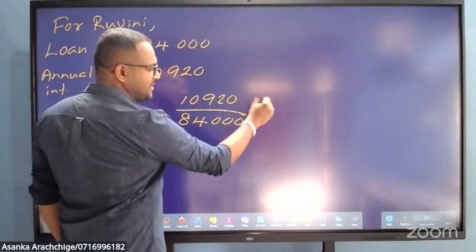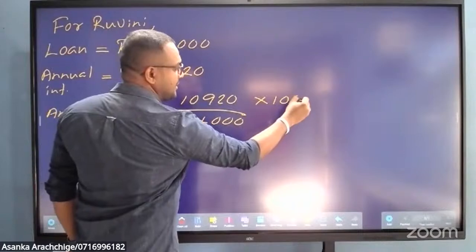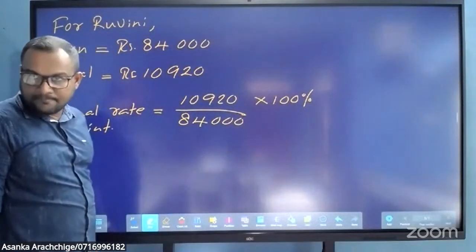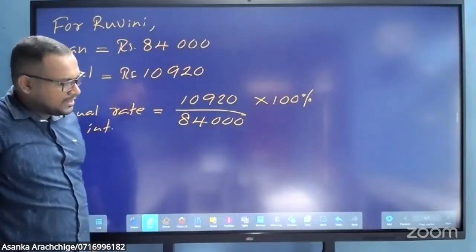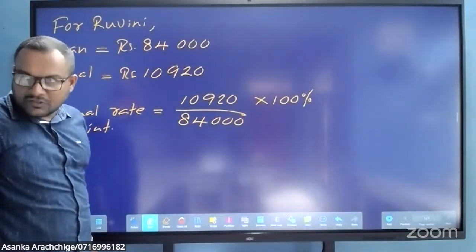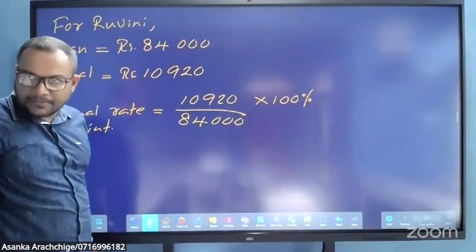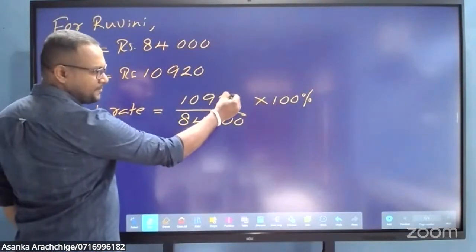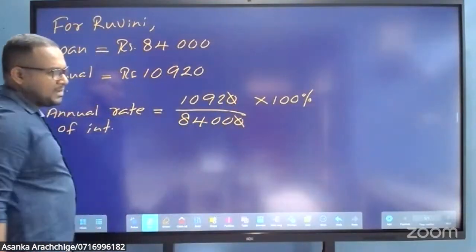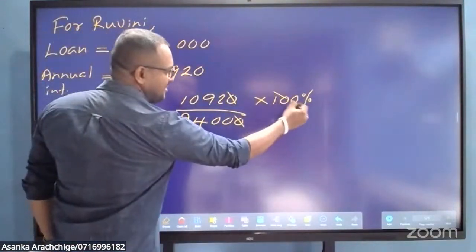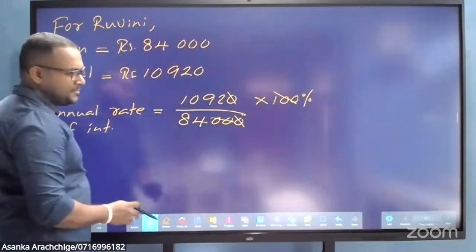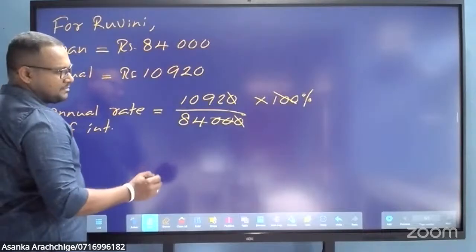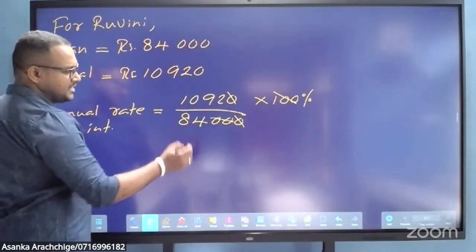Then the rate means what is the interest charged for a loan of 100 rupees. Now we can cancel the factors like this. We can divide both by 10 and we can divide both by 100. Further, both are divisible by 6.